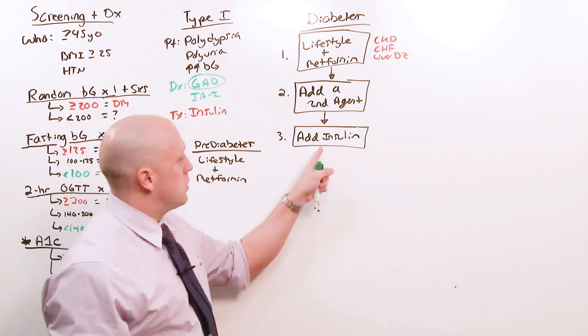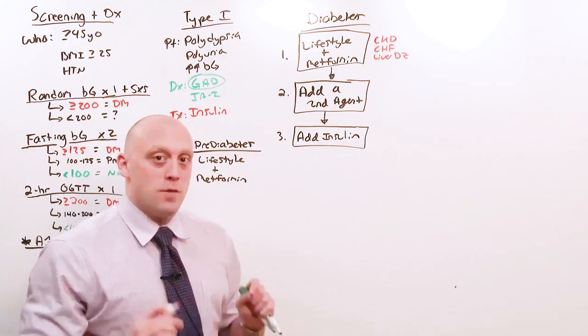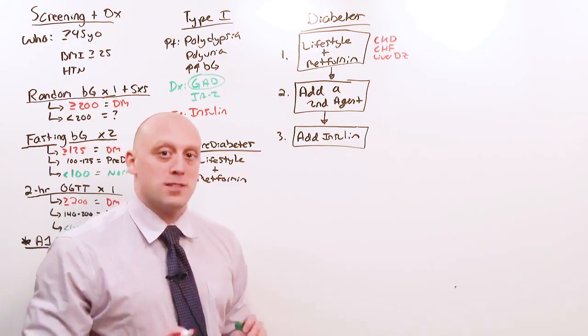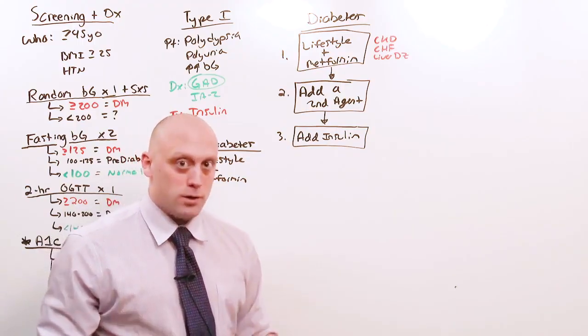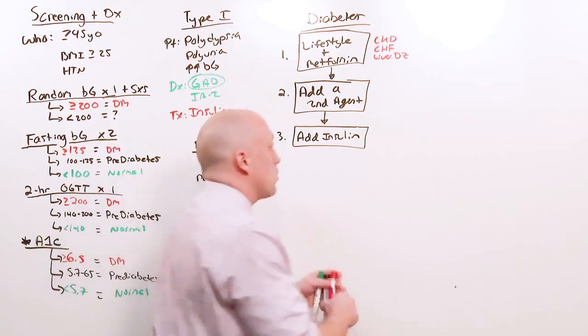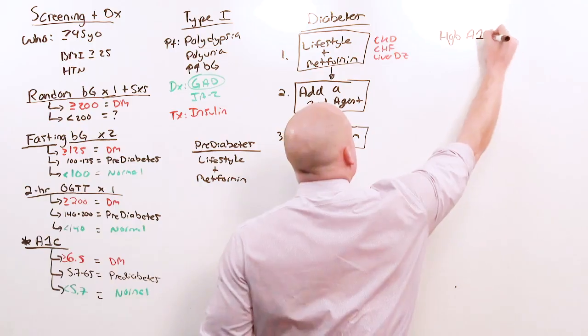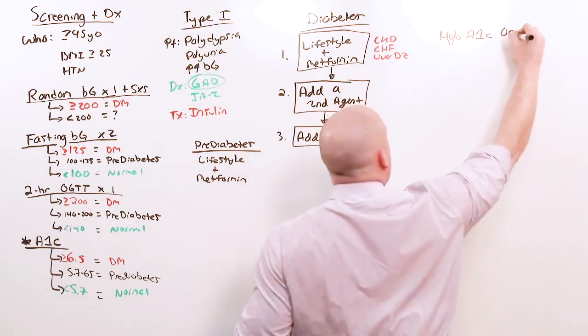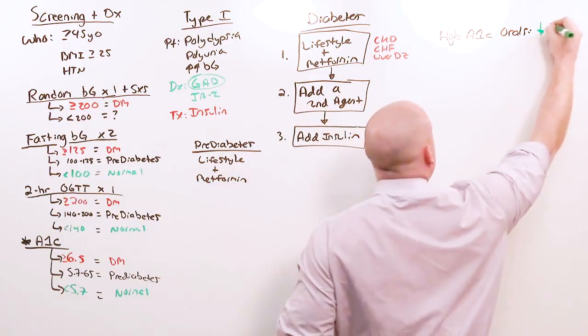And also notice that after 2 oral agents, failure to control the glucose means insulin. 3, 4, and 5 orals don't work. In fact, the hemoglobin A1C with oral medications will fall by about a maximum of 3%.